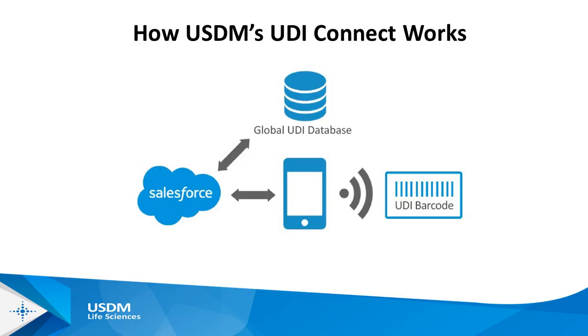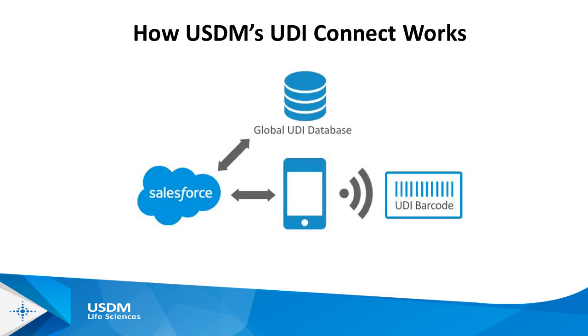Finally, I want to spend just about a minute here talking about a product that USDM is working on, something that we call UDI Connect. It's a mobile application built on the Salesforce platform that allows someone to scan a UDI barcode and then to obtain information about an individual device based on the information that is in FDA's GUDID. This is very useful for people who want to know some information about a specific product.